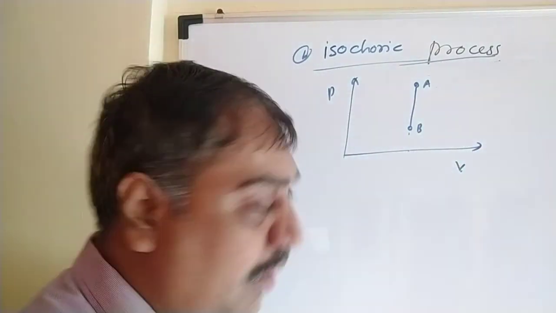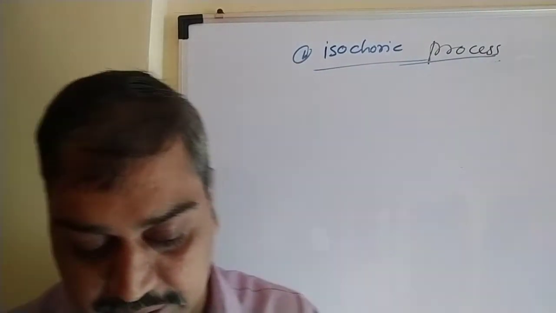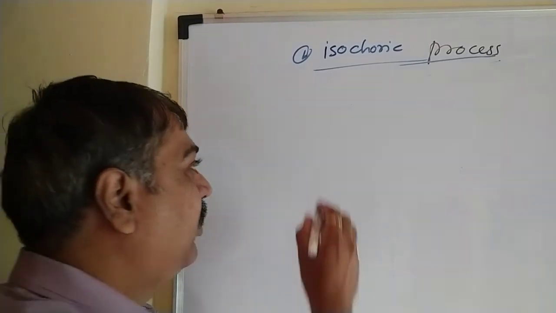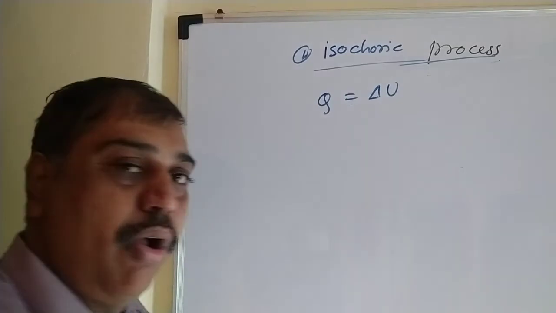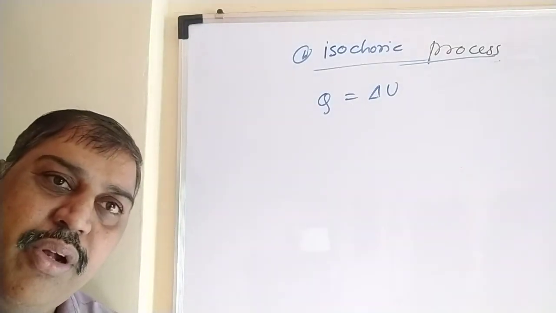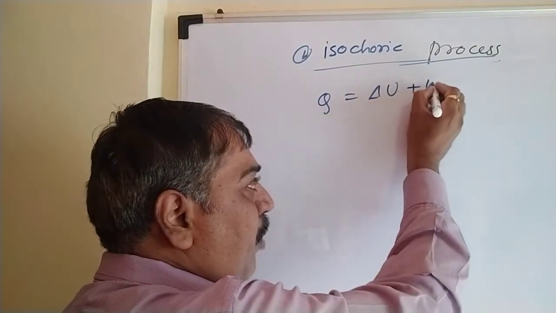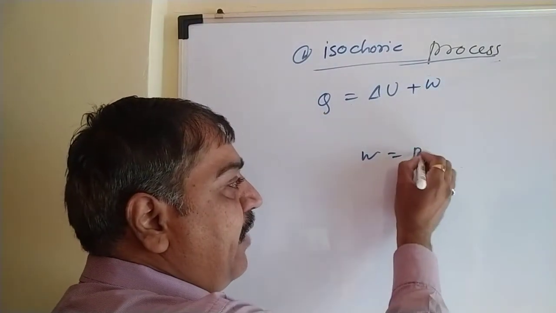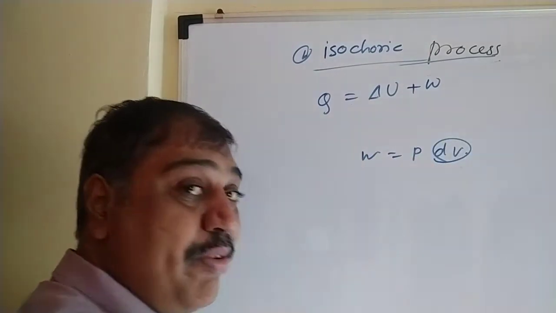So start with this process, the isochoric process. What should be the thermodynamic variable changes, that we have to write down. So here we can write Q equal to delta U. Now the question comes, initially it should be delta U plus W. W means what? P dV. There is no change in volume, so work done should be 0.